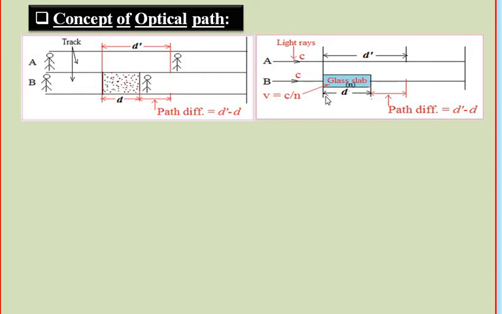Suppose it requires the distance d to cover the obstacle, that is the path through a glass slab having refractive index n. If n is the refractive index of the glass, then the velocity of the ray through the glass slab is given by V equals c upon n, because the refractive index is the ratio of the velocity of light in vacuum to the velocity of light in the medium. So the velocity of light in the medium V is equal to c upon n. Here d is the distance covered by the ray B.